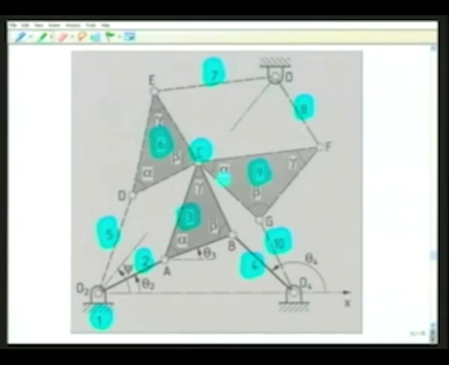There is a revolute pair at O2 which connects 3 links, namely 1, 2 and 5. There is a revolute pair at O4 which again connects 3 links, namely 1, 4 and 10. There is a revolute pair at O which again connects 3 links, namely 7, 8 and 1.